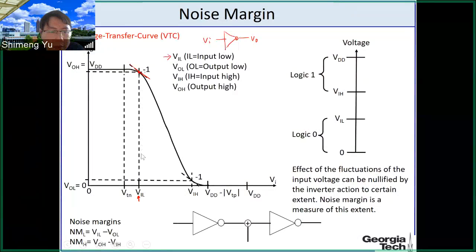Here, this voltage is defined as VIL. If the input voltage is within this range, we think the input voltage is logically low, like logic 0. This is because if the input is in this range, the output from this VTC curve is pretty close to VDD. So the output voltage is high.